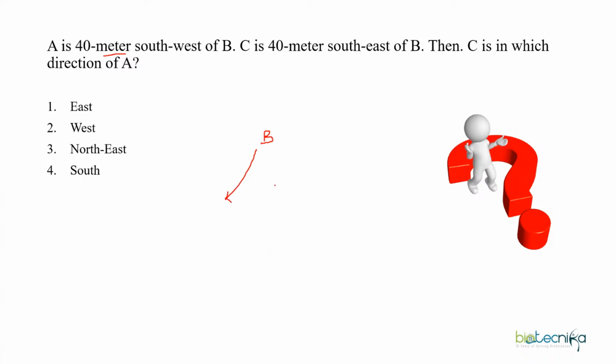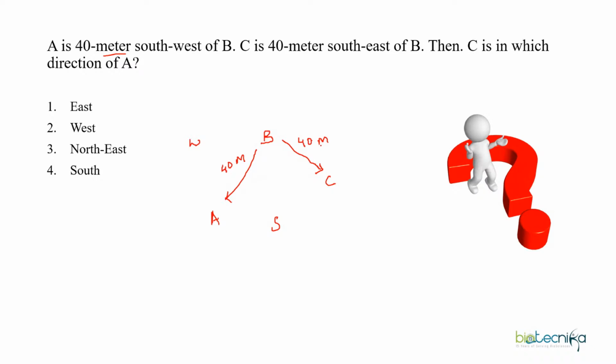This is south and this is west. So southwest will be this direction. So A is 40 meters from B. Okay. C is 40 meters southeast from B. So if this is C, this will be my southeast. And this is also 40 meters.